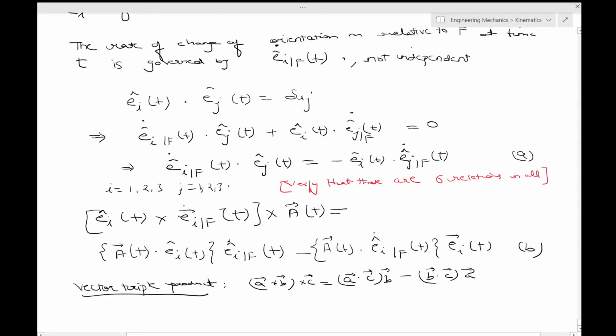So does it satisfy? Yes. I mean, a dot c can also be written as c dot a. But other than that, it's the same. So this has been written because of this vector triple product relation which we know.